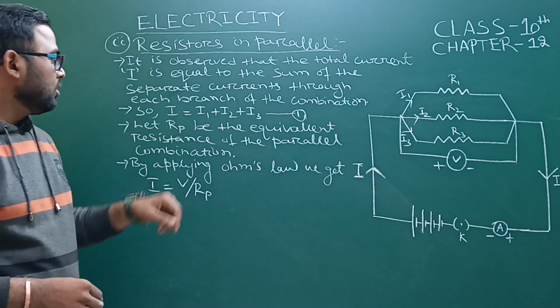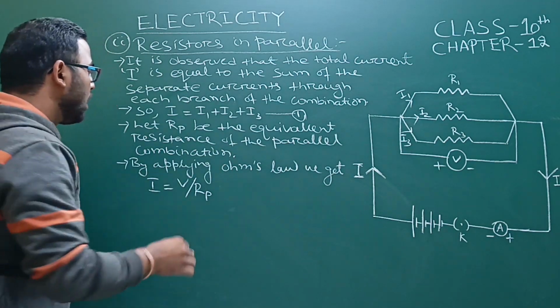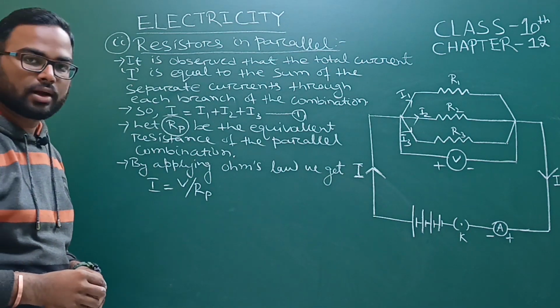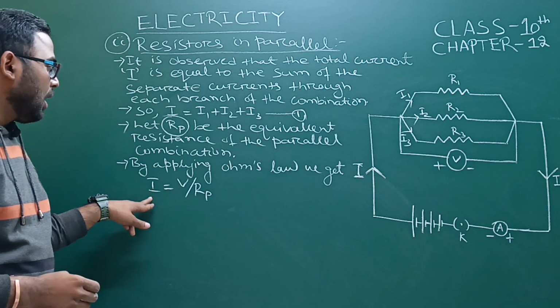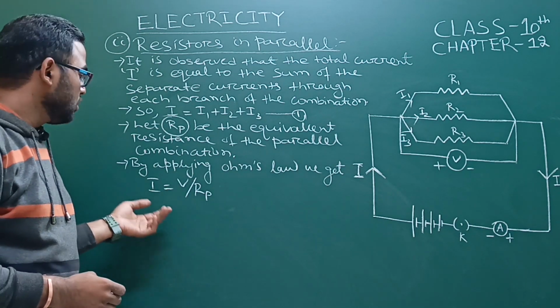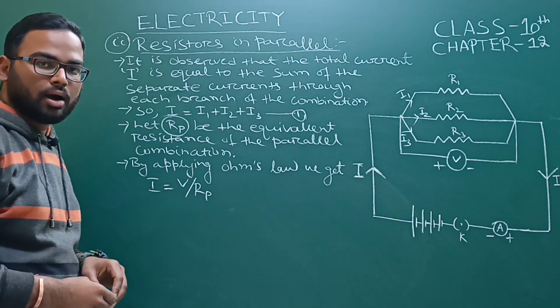Let Rp be the equivalent resistance of the parallel combination. By applying Ohm's law, we get I equal to V by Rp. We know Ohm's law, V equal to IR, so from that equation we have derived I equal to V by Rp.